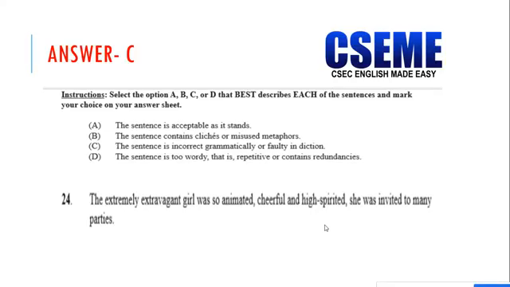Sometimes errors of punctuation, errors in terms of incorrect word usage. If you are poor in grammar, it might pose a problem.